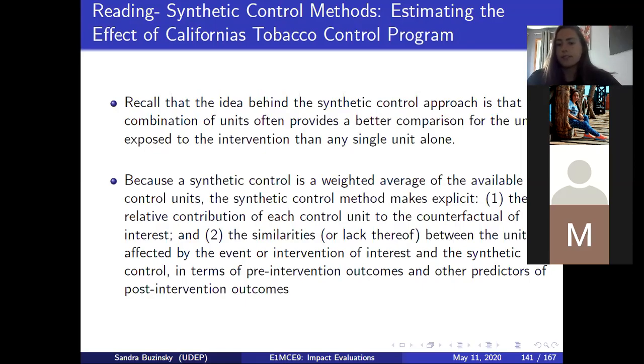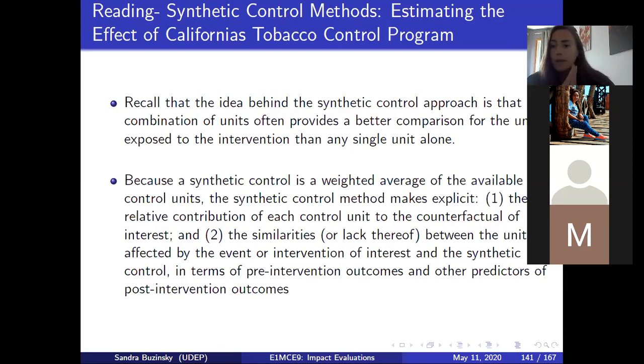Yeah. So the first example I said is that most of the time it's going to be better to create some linear combination of all of the untreated units to form a comparison group for the treated unit than just using one single untreated unit alone, right?